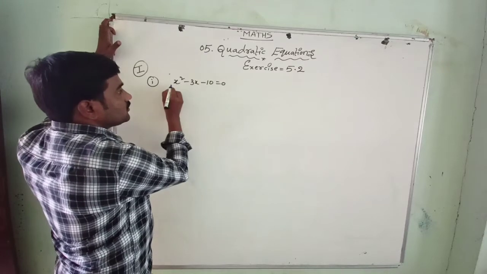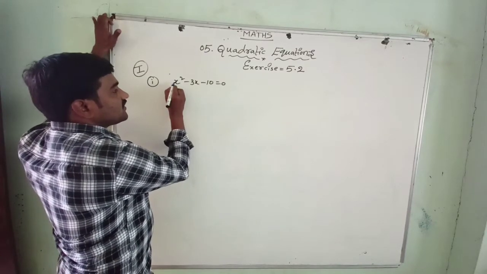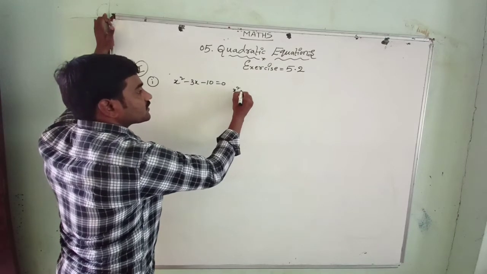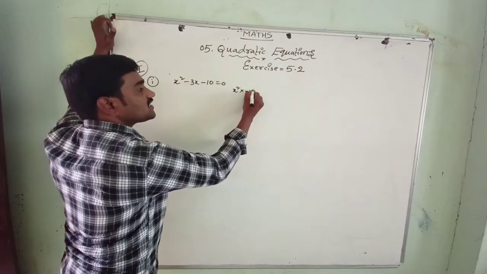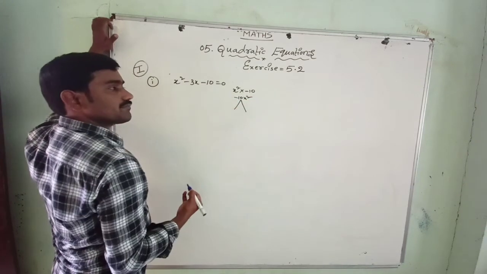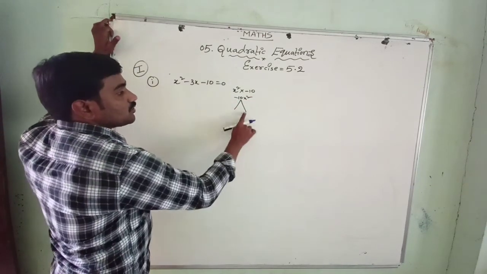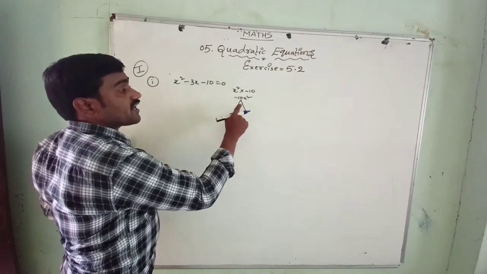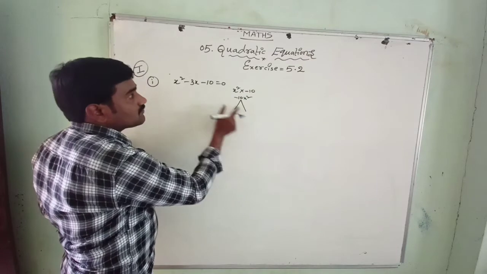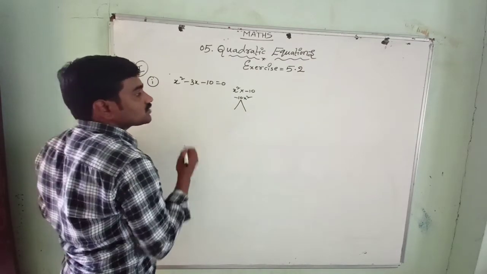Simple, as I told you in the polynomial chapter, we have to multiply the first term and the last term. x square into minus 10 becomes minus 10 x square. So write this 10 as a product of two numbers, but when you add the two numbers, you have to get the middle term. Let us do it.